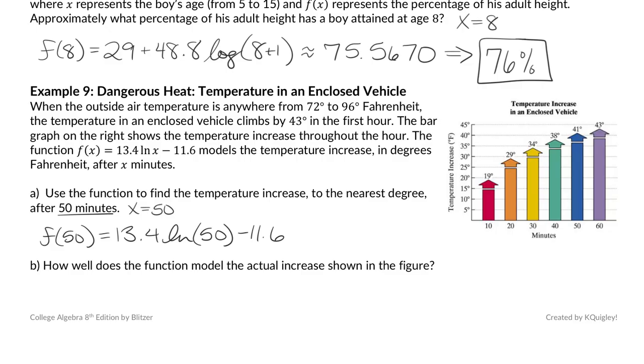We should get approximately 40.8211. So we would return the value to the nearest degree, which is 41 degrees.